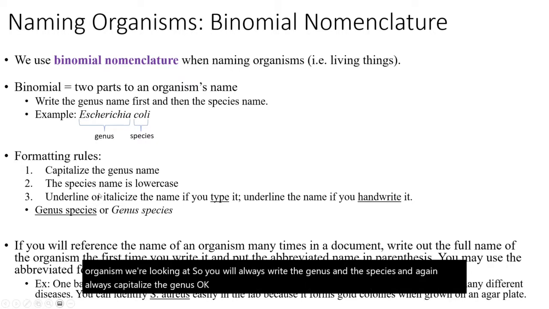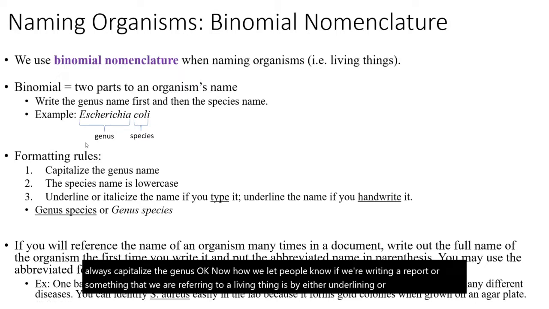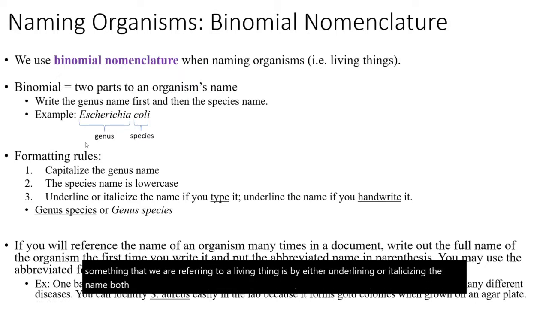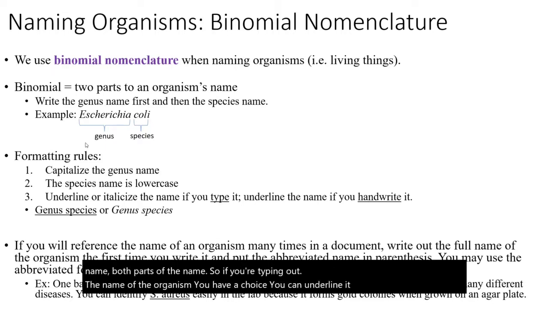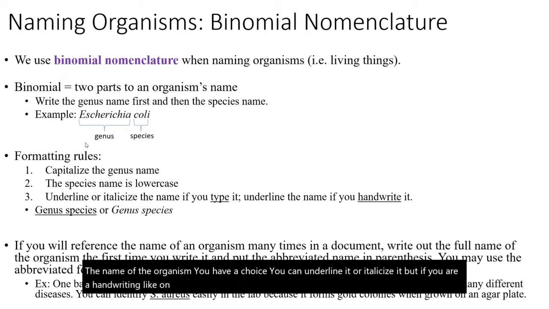How we let people know, if we're writing a report or something, that we are referring to a living thing is by either underlining or italicizing the name, both parts of the name. If you're typing out the name of the organism, you have a choice. You can underline it or italicize it. But if you are handwriting, like on an assignment for me, you always underline it.